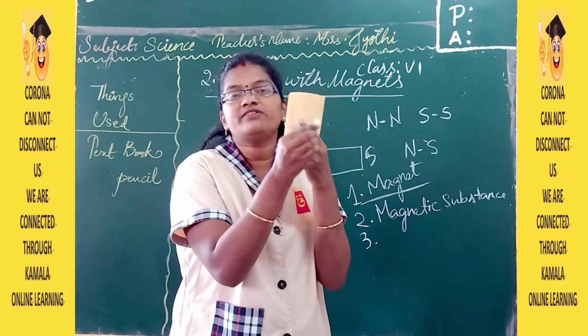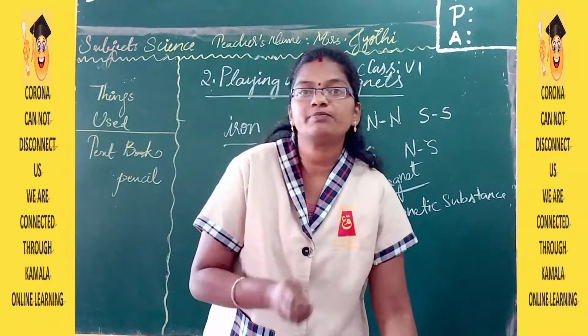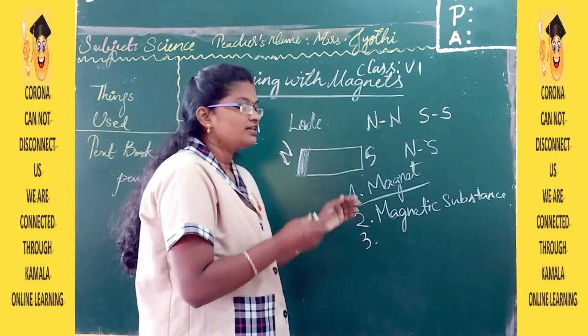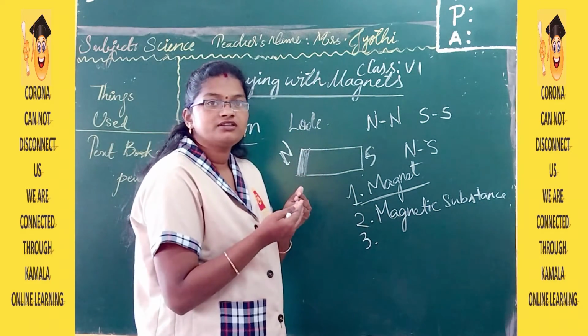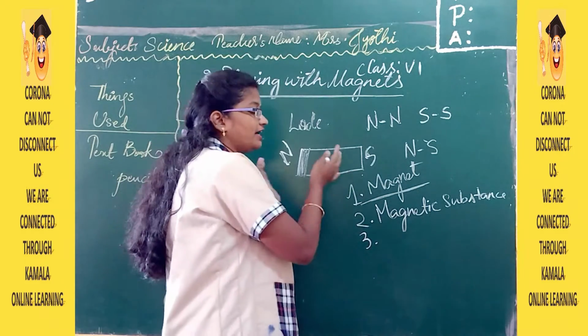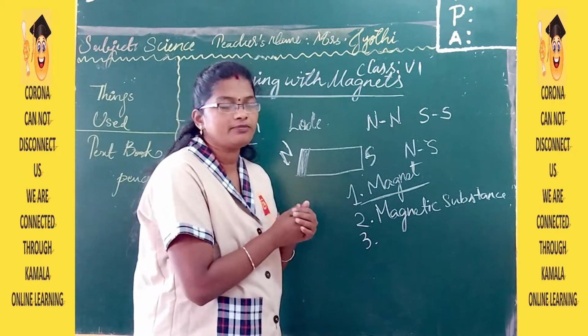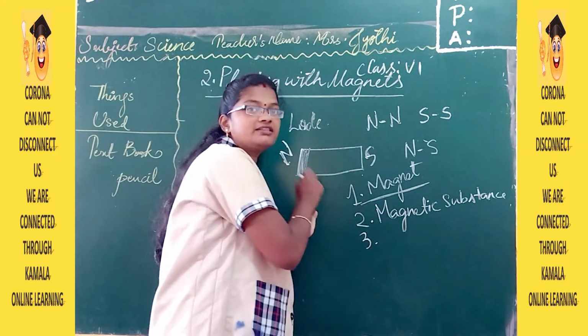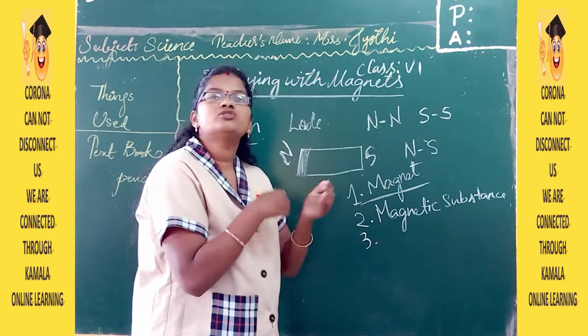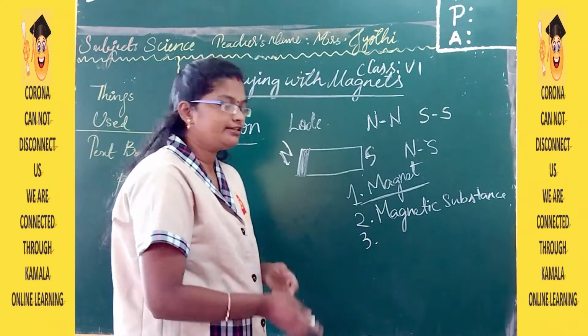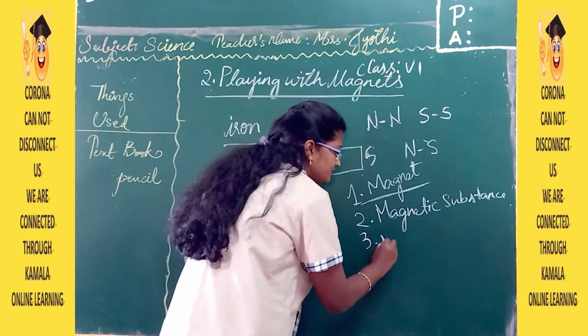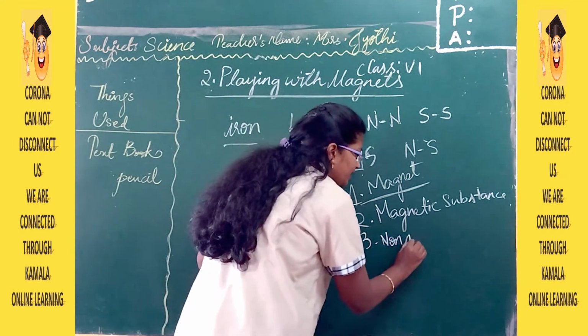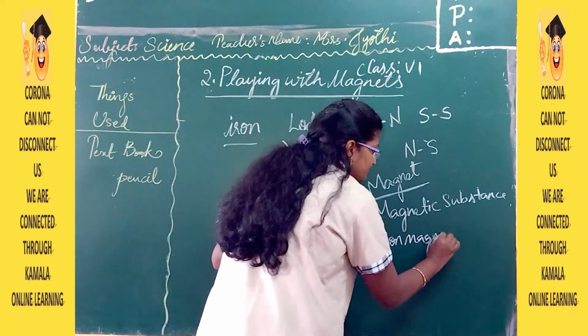That is called repulsion. In the third case, neither repulsion nor attraction happens. The north pole and south pole do not attract the substance and there is no repulsion either. In that case, the substance is a non-magnetic substance.